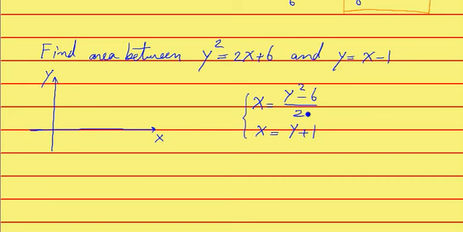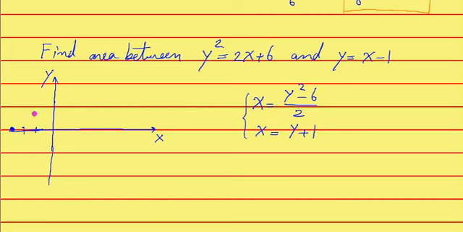So we are looking at the pictures as x's in terms of y's. What does this first one look like? When y is 0, x turns out to be minus 3. So here's the x-intercept of this picture. Let's say 1, 2, and minus 3. When x is 0, y is plus or minus square root of 6. That is like 2.2 or something.